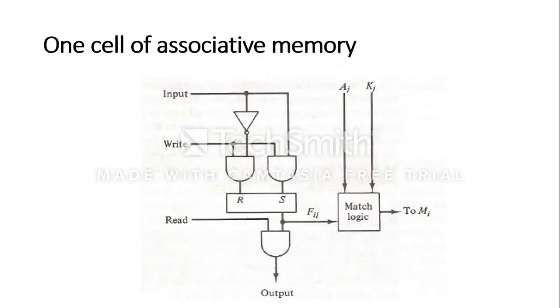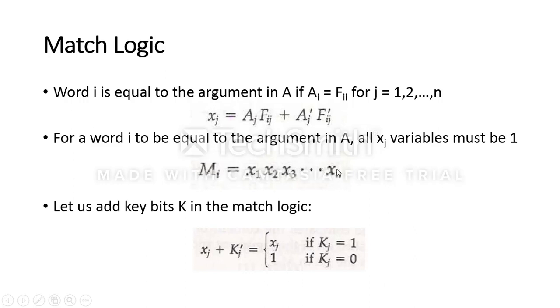So if the AND of all these bits is 1, that means all the bits of A and the corresponding memory cells in one memory word are matching, so the corresponding bit in the match register, Mi, must be set to 1. If any one of the bits X1, X2, X3 up to Xn on the right hand side of this equation is 0, then Mi will be 0. No exact match is there.